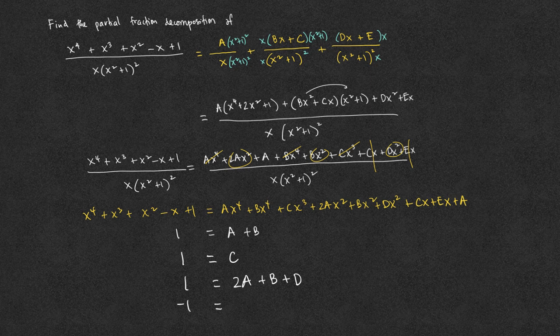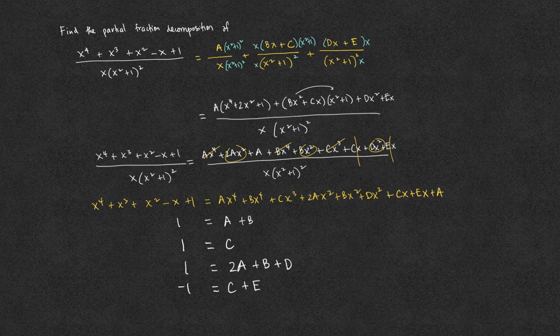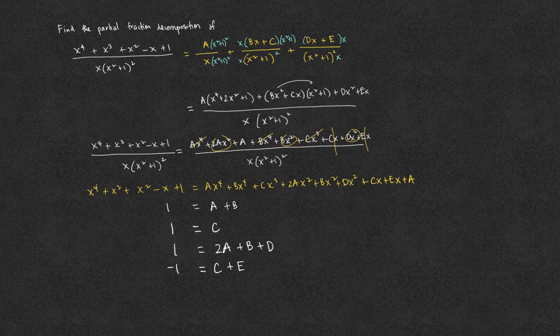Negative 1 equals C plus E. C and E are the coefficients of x on the right hand side. And 1 equals A. The only constant term on the right hand side is A.